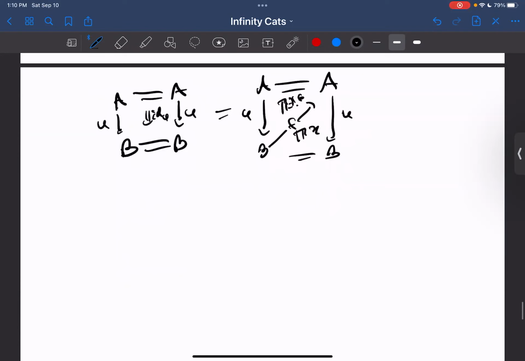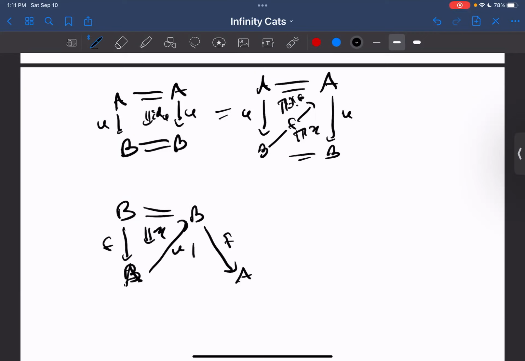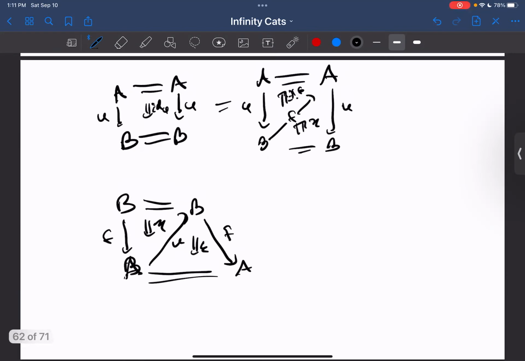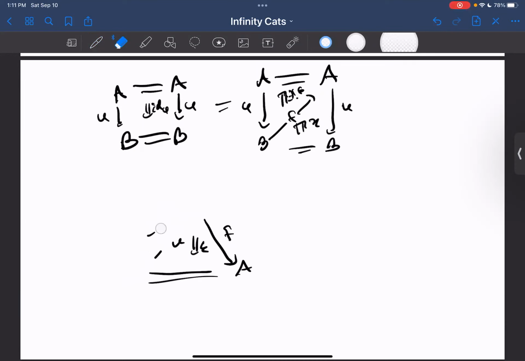And in order to get the other one, we just have to do B down by F to A, up by U to B, back down by F to A again. We're going to have to do this equality here, and then eta epsilon. And let me draw this the other way, actually. Draw this up so that it looks better for what we have.